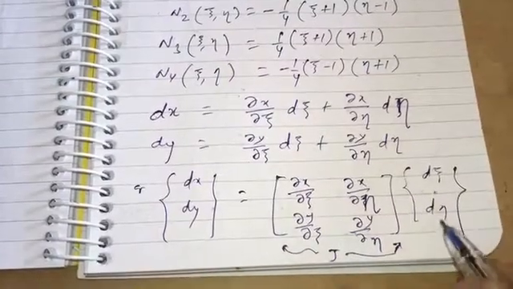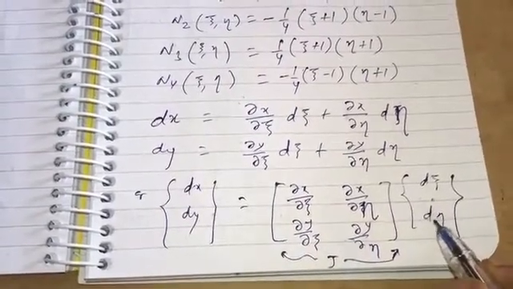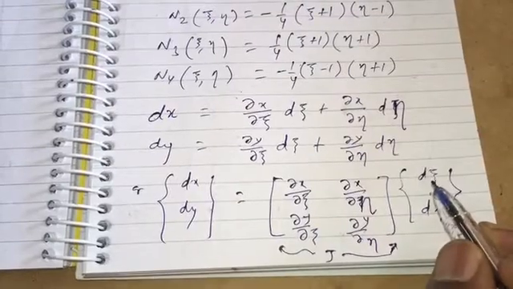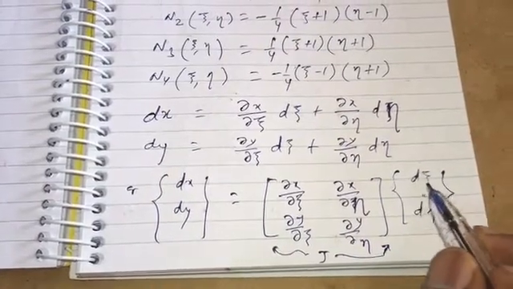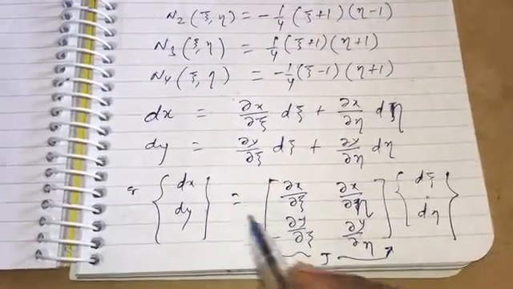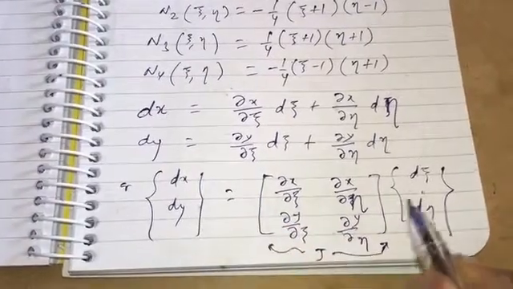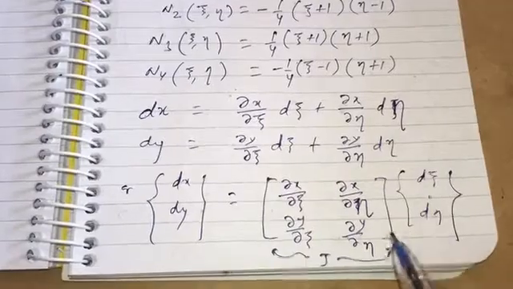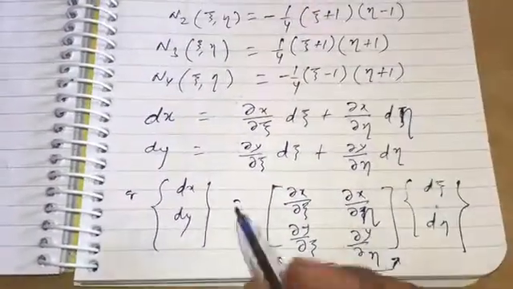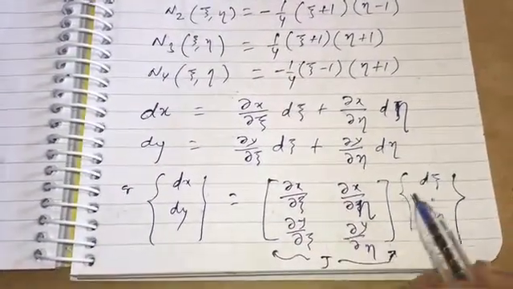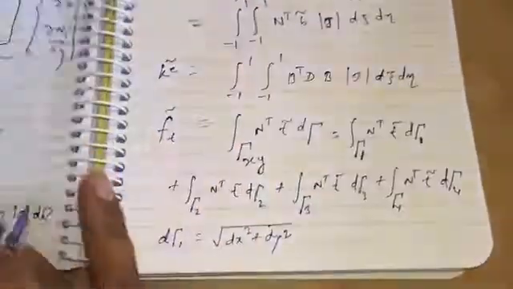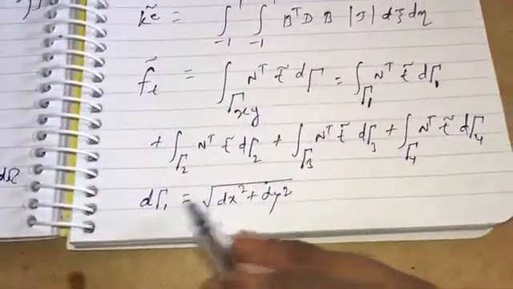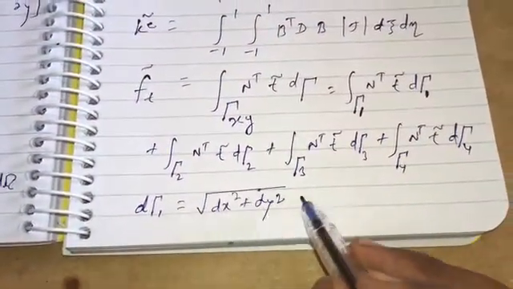For gamma 1 for example, d eta will be equal to 0 and d xi will be non-zero. So we get dx and dy both in terms of d xi. So if you put the values of dx and dy, we will get this d gamma 1 in terms of d xi.